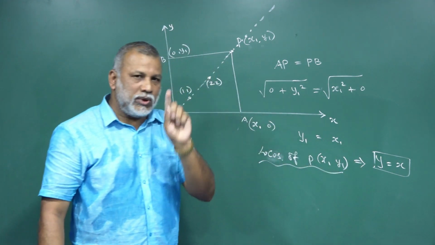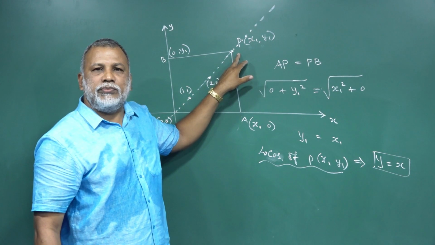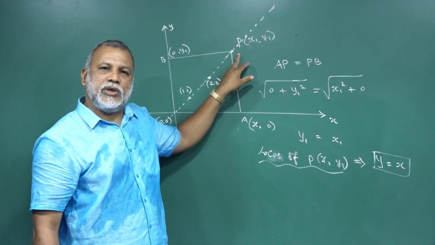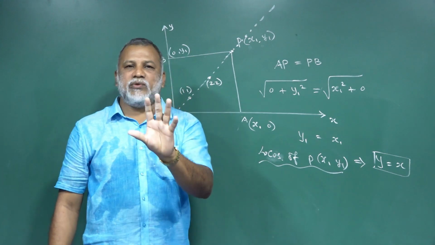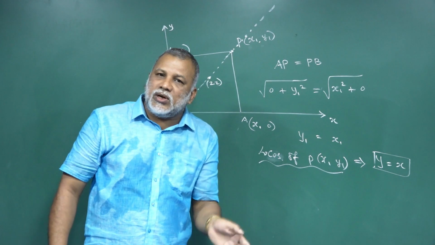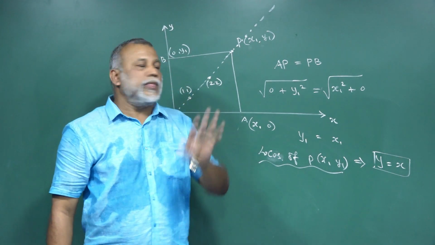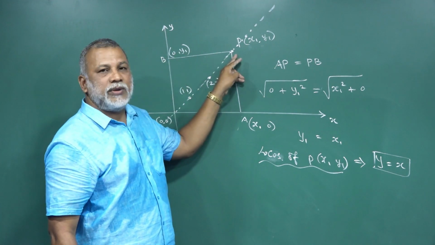So dear students, what is the concept you are learning here? We are going to form the locus of this point P (x1, y1). So we must follow some geometrical condition. What is the geometrical condition in your question? The distance from the x-axis is equal to the distance from the y-axis.